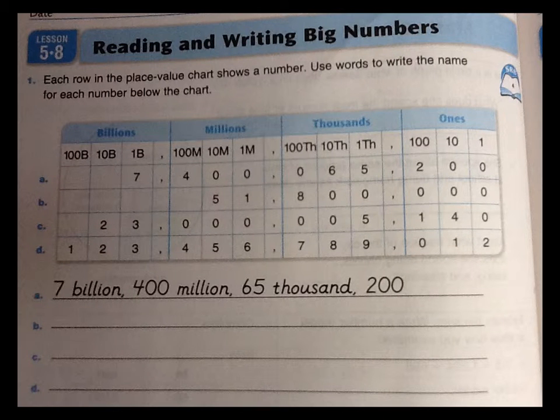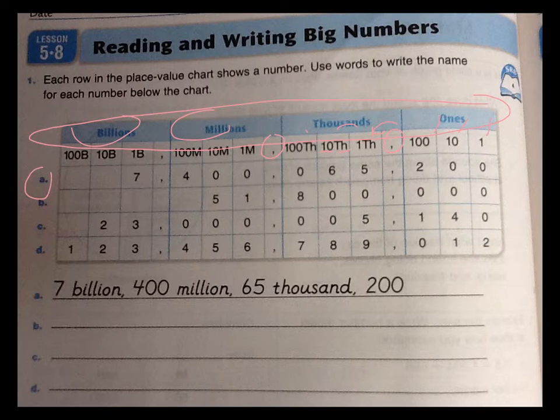Today you're going to be working on reading and writing big numbers on your own. This place value chart is similar to what we did. So we have ones, tens, hundreds, thousands, 10,000s, 100,000s. Then the comma, millions, and then on to the billions.